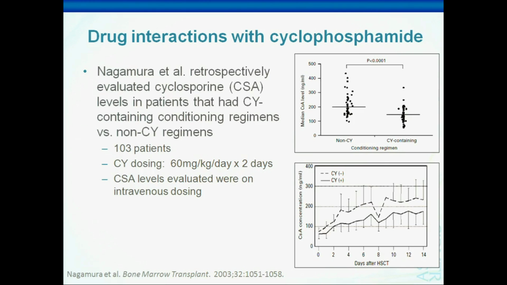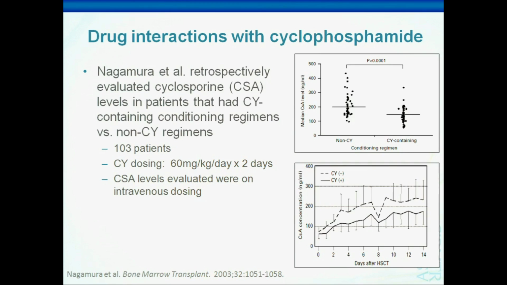You can see on this top scatter plot, there's definitely a difference in the cyclosporin levels on those that were taking non-cyclophosphamide regimens, significantly higher levels compared to those that had cyclophosphamide-containing regimens. Down below, this is more just a longitudinal look at the cyclosporin levels in those patients.